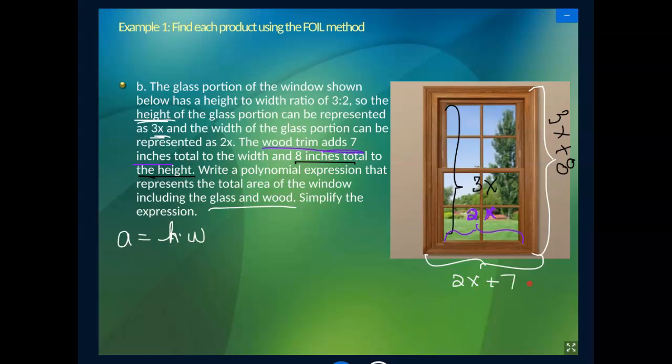So this is kind of like my W, and this is like my H. So we're going to plug those in so that area is equal to the height times the width.